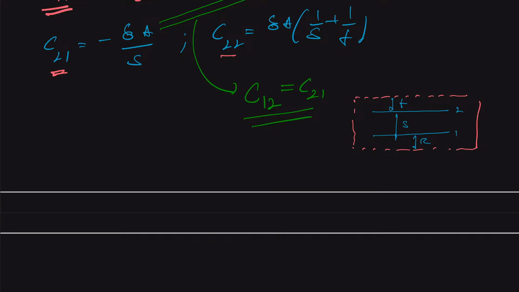We assume this is potential on 1, this is potential on 2, and the entire box is at zero potential, so the bottom will be at 0 and the top will also be equal to 0.